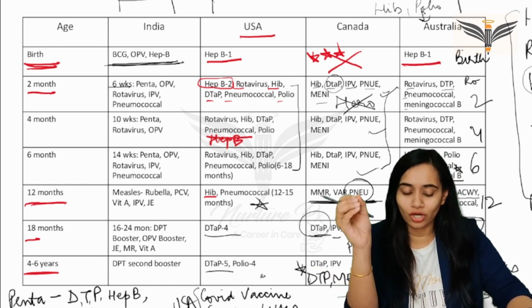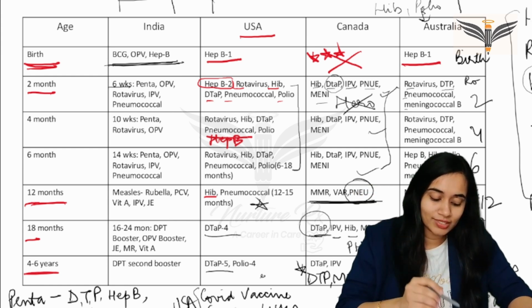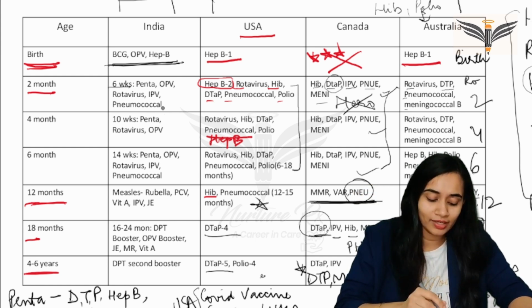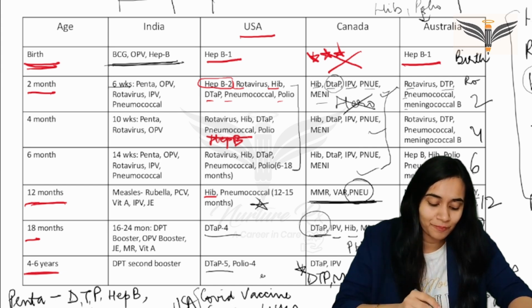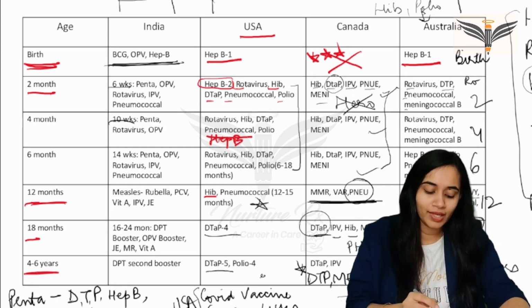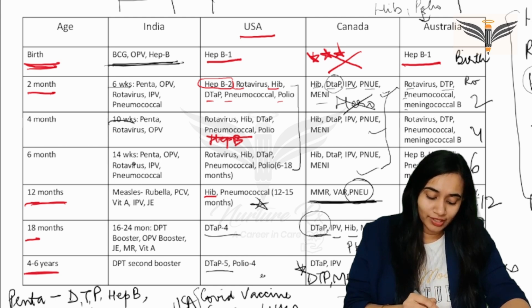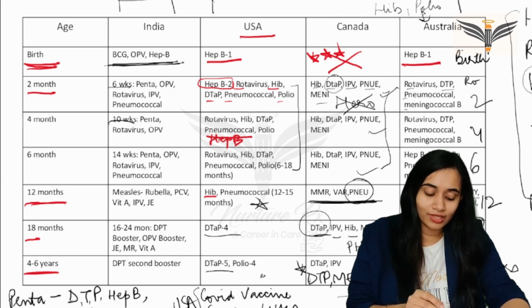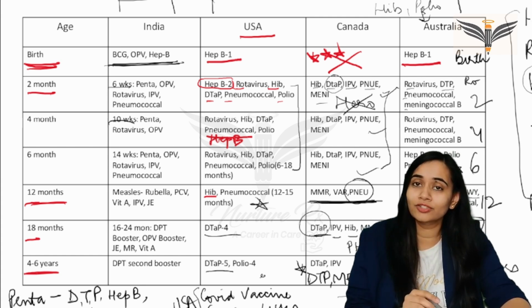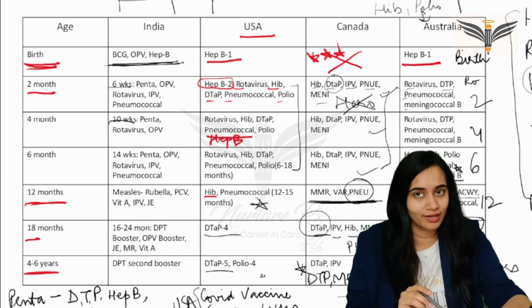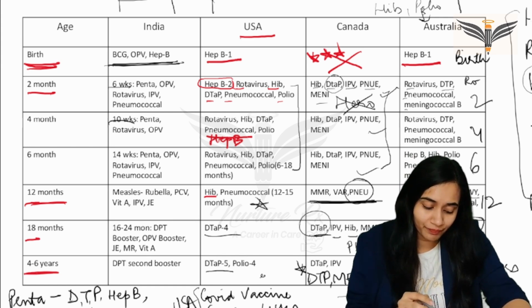Just the time slot is slightly different. So at 6 weeks, we can see that Penta, OPV, rotavirus, IPV and pneumococcal vaccine is being given. At 10 weeks, Penta, rotavirus and OPV. Then at 14 weeks, Penta, OPV, rotavirus, IPV and pneumococcal, exactly the same as what was given at 6 weeks. At 10 weeks, only the pneumococcal vaccine was not there. The rest of the schedule was the same.